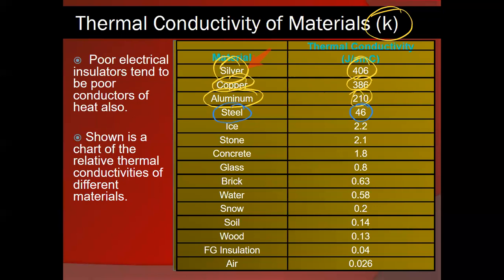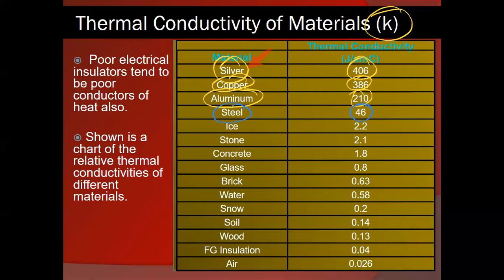Now, for our homes, we don't want to conduct the heat at all. If it's cool inside, we want to keep it cool inside. If it's warm inside, we want to keep it warm inside. We want it cool in the summer. We want it warm in the wintertime.